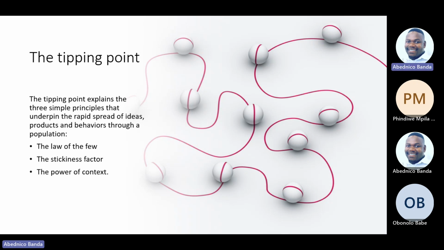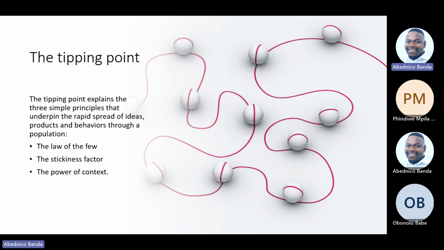Right now, many companies are selling things that are related to load shedding, like inverters, generators, power banks, and so forth. So these people understand the power of context. The context is that there are so many power outages, and people would love to get something as a form of alternative energy. Another context right now is that it's winter.